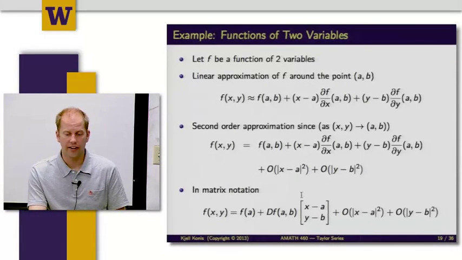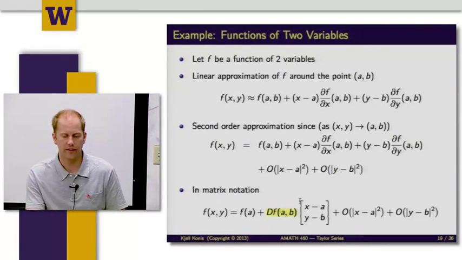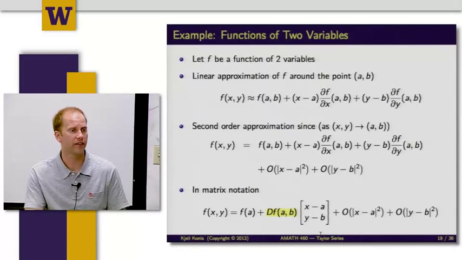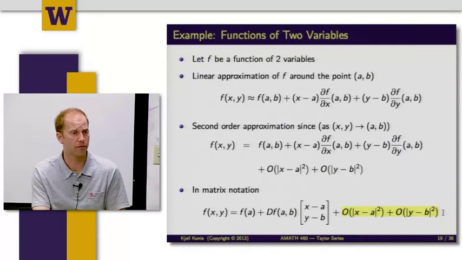And in matrix notation, I can just write this out. So remember, the gradient here is a row vector times a column vector. So those are conforming dimensions. So I just have to do matrix multiplication, but it's the same thing as a dot product. And then I still have my error term, but at least I understand its property as I'm getting closer and closer to the point (a, b).